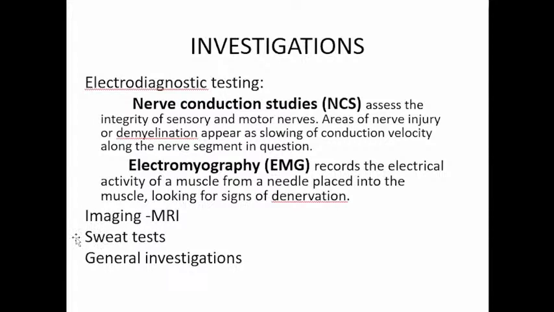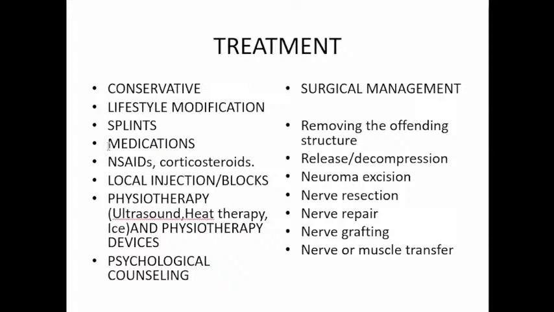As I said, we talked of the trophic changes and pilomotor changes, so usually when there's nerve entrapment, sweating is reduced. So you can check for sweating on right and left side and compare the two. And also general investigations. We're looking for diabetes. We know it is a common trigger for nerve entrapment.